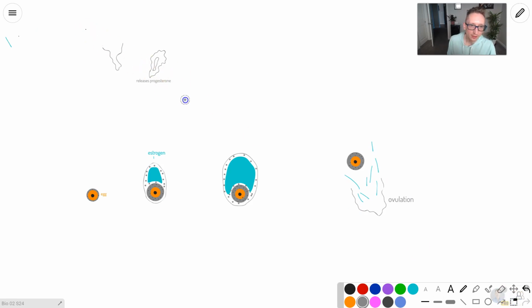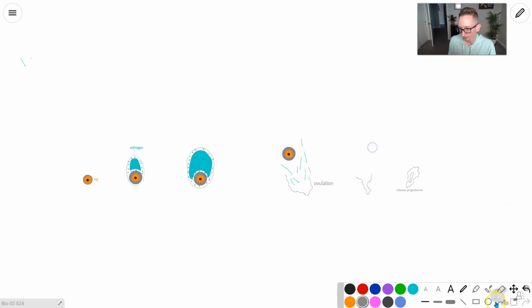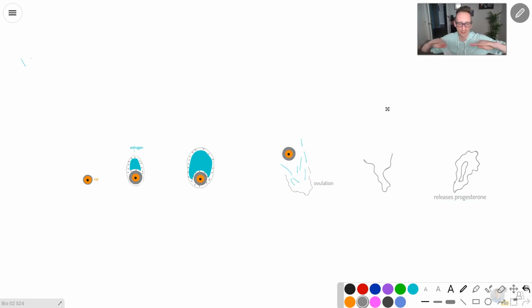And then we've got these two, corpus luteum, both of which are releasing progesterone. All right, now just put them in order like this. Beautiful. I'm going to make these a little bigger so they make sense. All right, beautiful. So that's the ovulation cycle, just laid out in front of us.